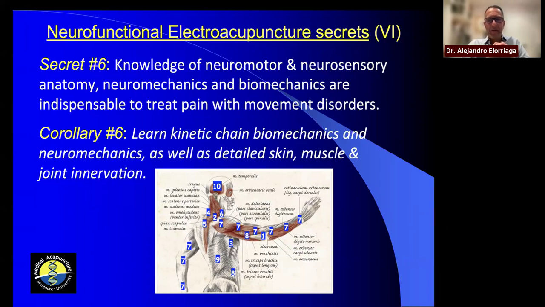And the design, you need to study and understand the design, because the design of the body, like the design of a car or a motorbike, is at the service of carrying on certain functions, certain tasks.